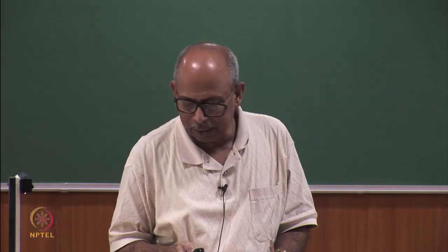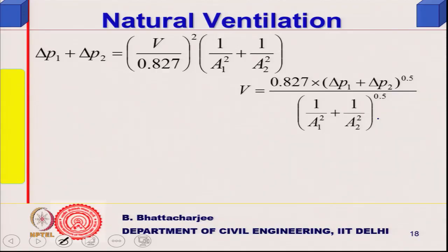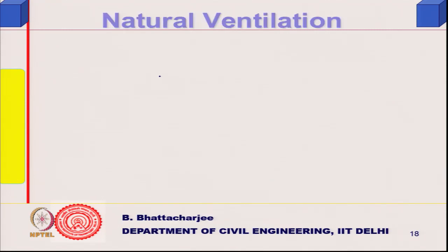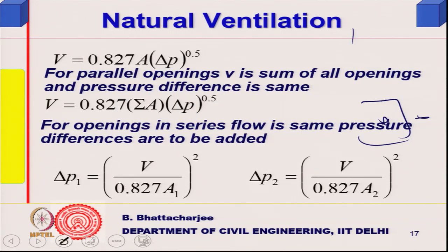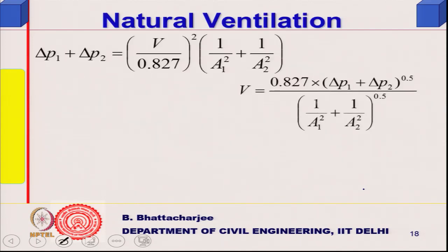Then I can sum up delta P1 plus delta P2 and it will be given as V by 0.827, it follows from there only. Delta P1, delta P2, V squared I can take out, V by 0.827 I can take out. So, I will have 1 by A1 squared plus 1 by A2 squared, right, and therefore V can be written in this manner.